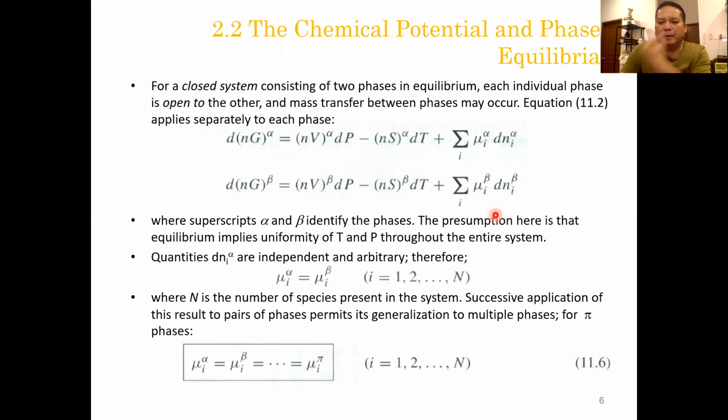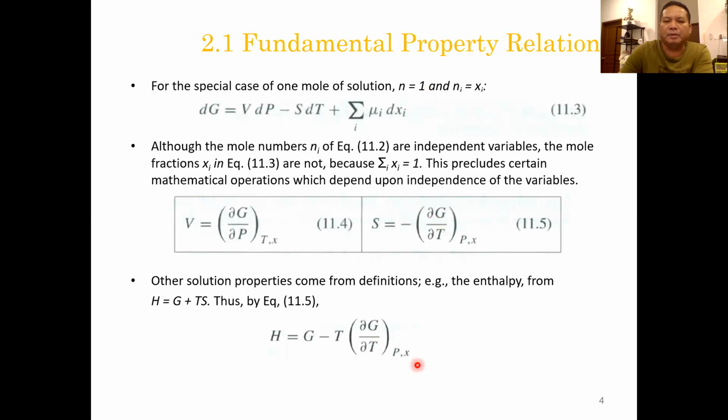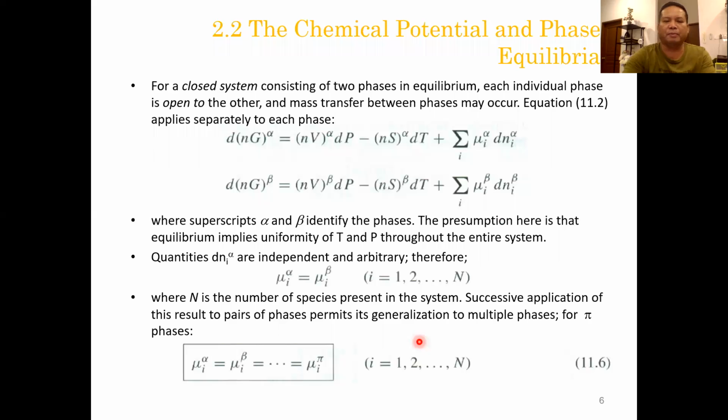Let me go back first. This is what is meant here. So we can replace the values and then we can create new equations. If you know the basic equations and you apply them into the actual equations, that's what I mean.